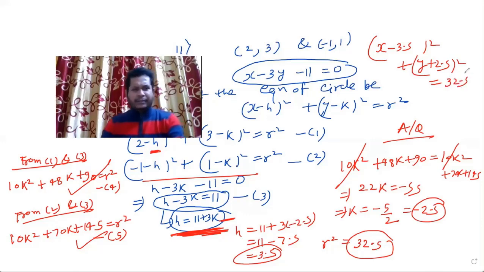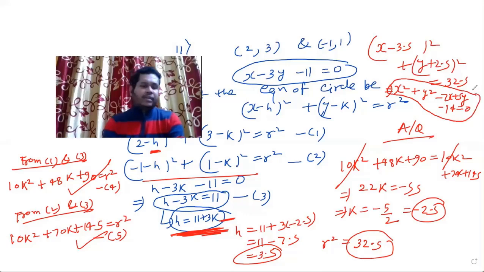Now if we expand and bring it to one side, then the final equation will become x square plus y square minus 7x plus 5y minus 14 is equal to 0. So this will be our final equation of the circle. I hope after seeing these two questions, the concept of circle is pretty clear. After this, we will proceed further to the next conic section.